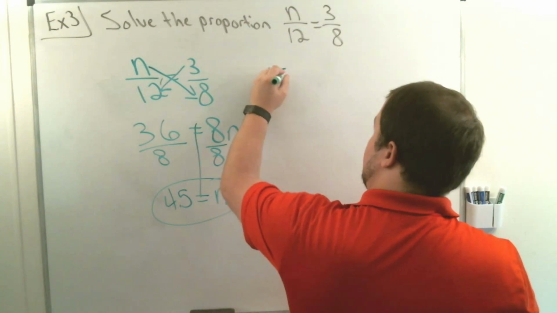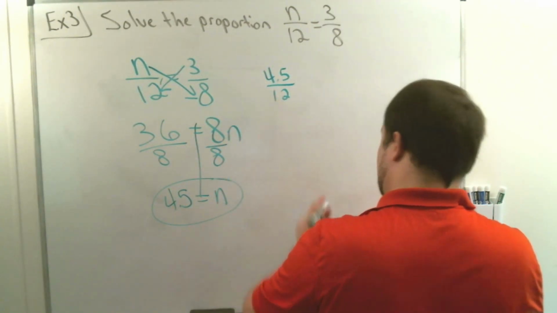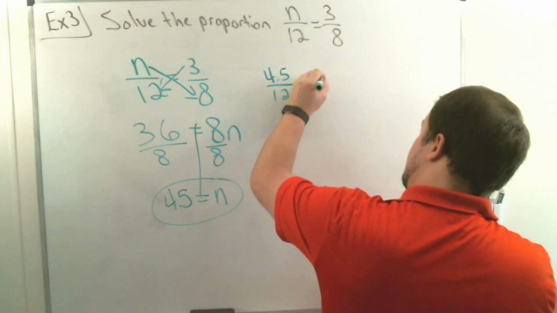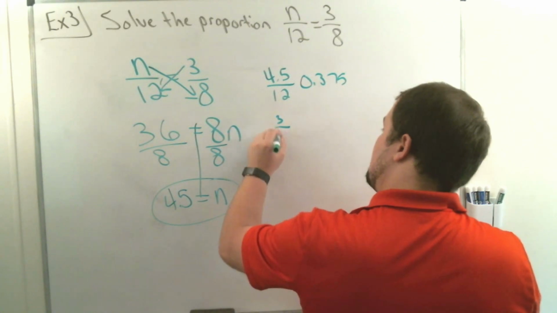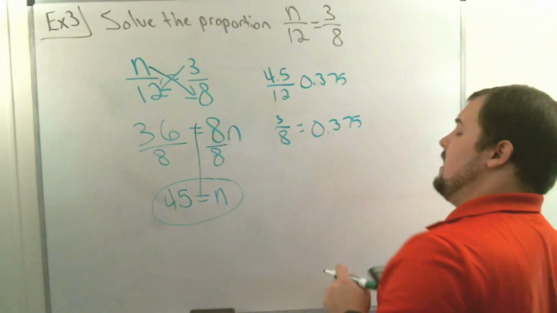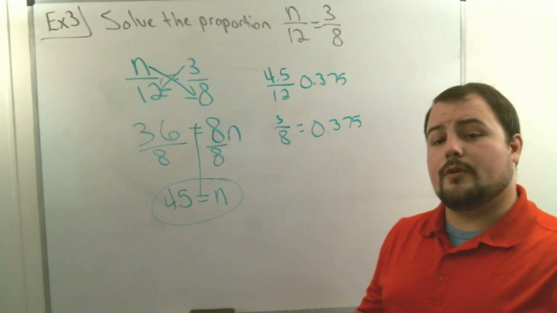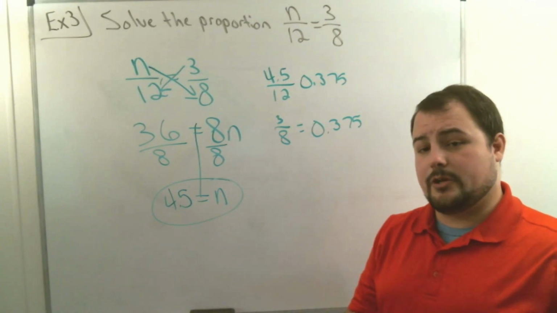I'm going to check that in my calculator. 4.5 divided by 12 equals 0.375. 3 divided by 8 equals 0.375. And as you can see, both of my decimals are equivalent, so I did get the right answer when I figured out that 4.5 is the variable n.